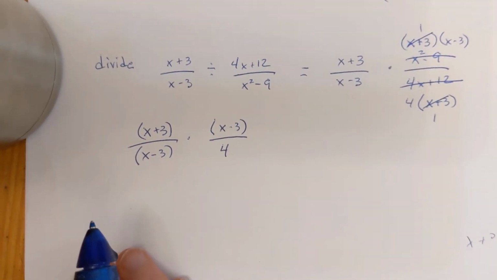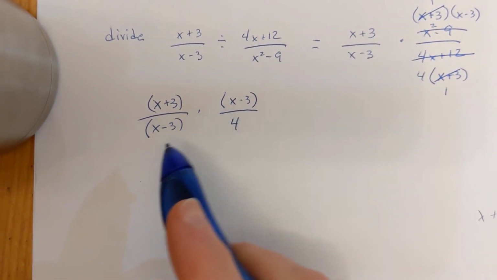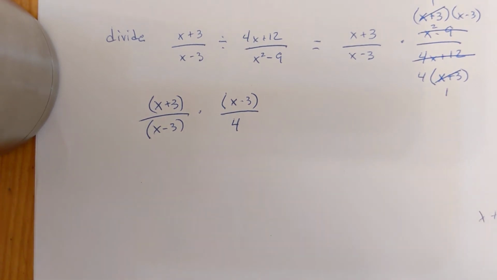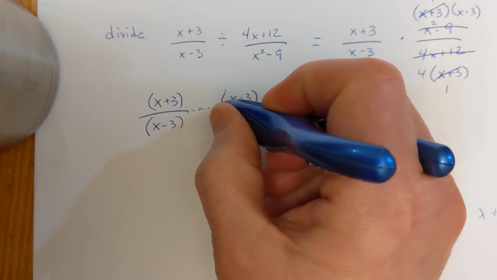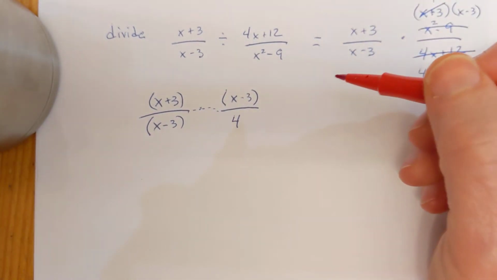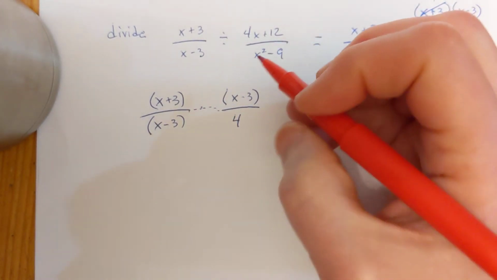Because I'm multiplying, and the rule says I multiply numerator and numerator, denominator and denominator, this is kind of like I have one whole fraction, and I can divide out anything in either numerator with anything in either denominator.